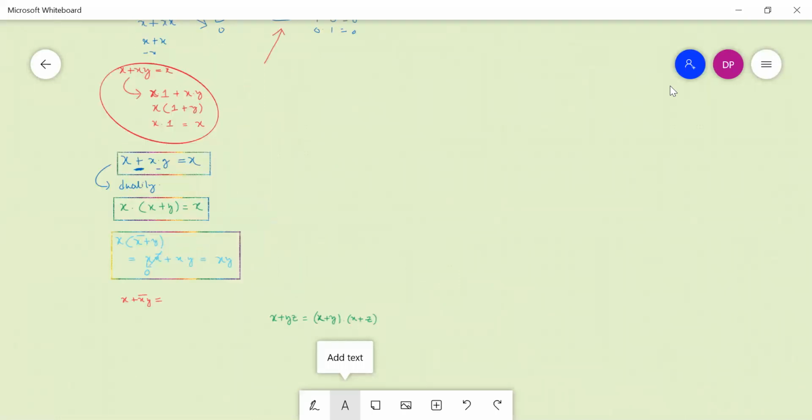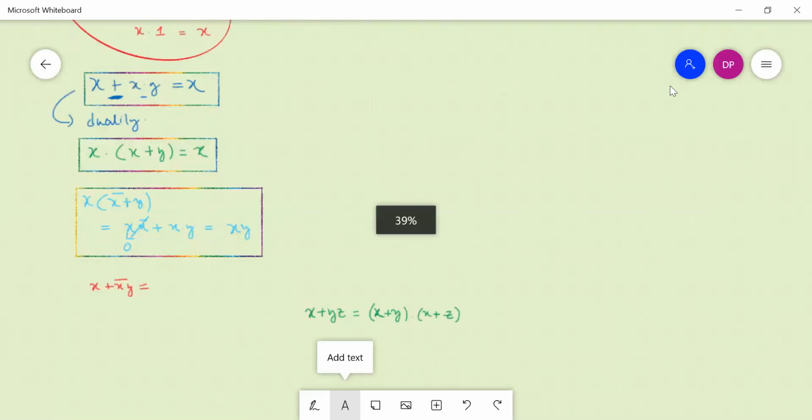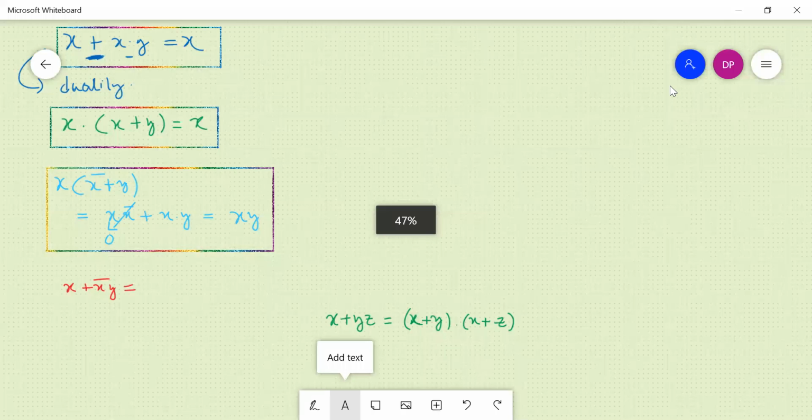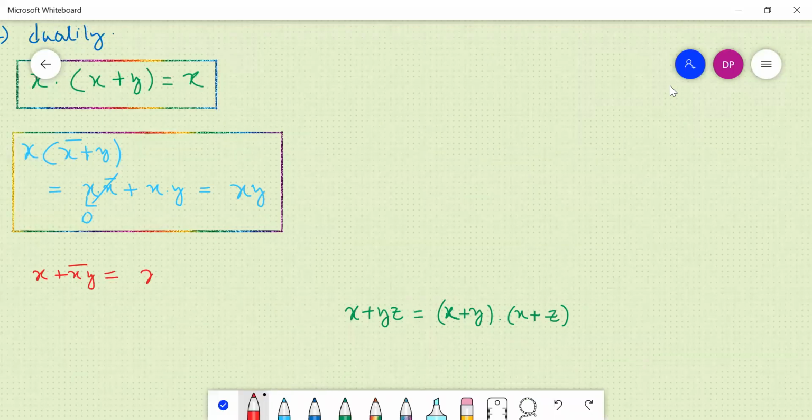Now x plus x bar y, what can we write? x OR with x complement, and with x OR with y. So what will be x plus x complement? 1, sir. That is 1. This is x plus y.